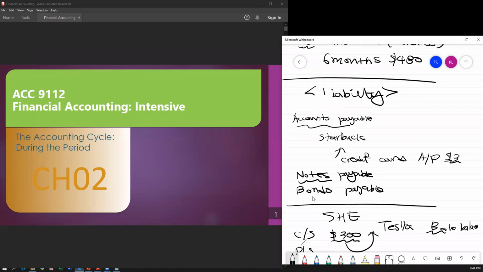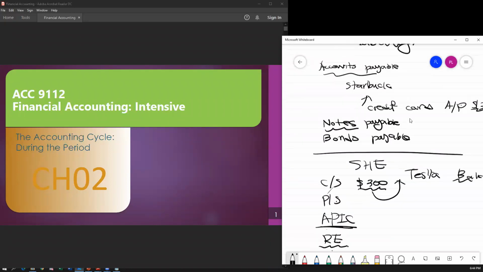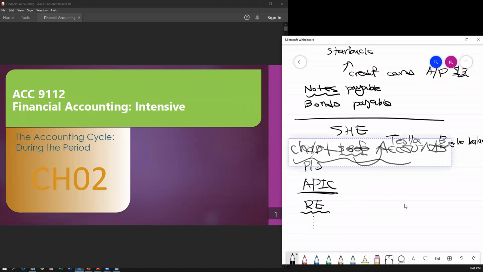So at this point, go to your textbook. I'm sure the textbook has what we usually call the chart of accounts. It lists all the accounting items that you have to know for this particular course in order to write journal entries. So look for this chart of accounts, all the list of accounting line items that you have to know. Now, all these were balance sheet items.